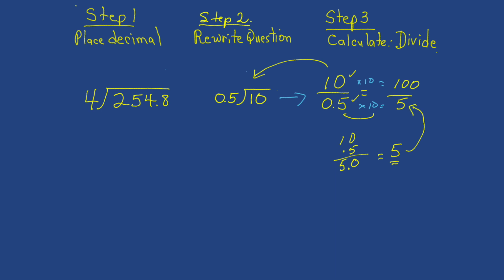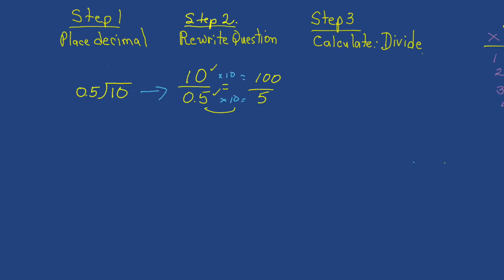So that's how we changed the format of the divisor into a whole number. Now that you've seen how we move the decimal from here to end up with a whole number, I've shown you how this happens and the thinking behind it, but you don't need to necessarily do this every time. This is to give you an understanding of why we move the decimal 1 point here and 1 point here.